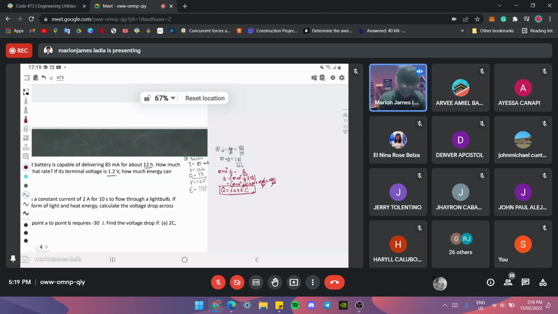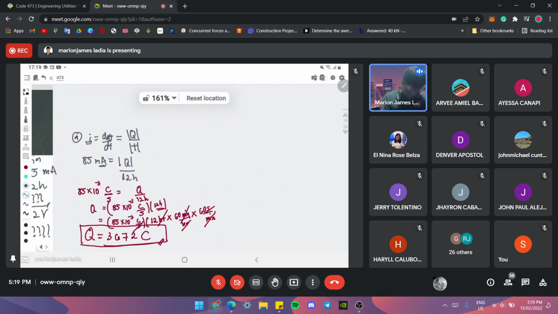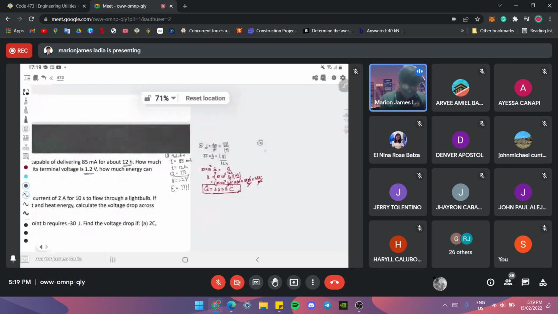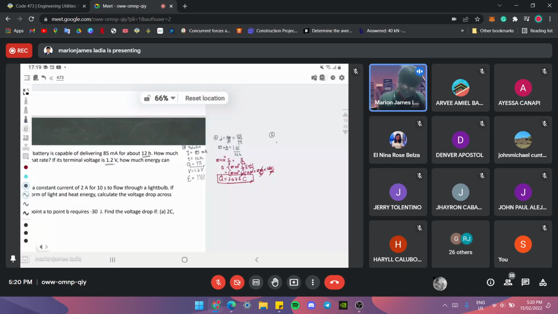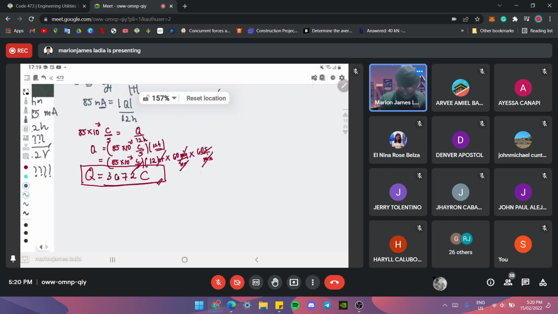Actually, I can do this directly. But for the purpose of explaining our formula, I will do it the long way first. So from this, we have, if its terminal voltage is equal to 1.2 volts, how much energy can be delivered? So actually, we all know that volts is equal to energy per charge. What we will do, I can just say W is equal to VQ, right?